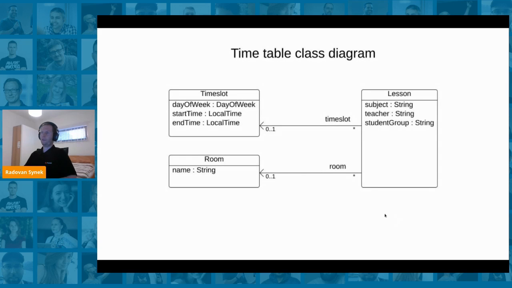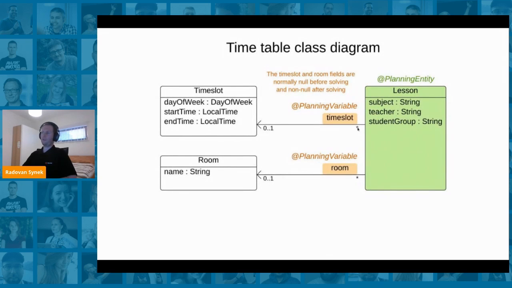Now, OptaPlanner's job is to assign instances of the time slot class and of the room class to these two references of the instances of the lesson class so that the resulting solution breaks as few constraints as possible. Our job as developers is to tell OptaPlanner that the lesson is our planning entity and the time slot and room are the planning variables.